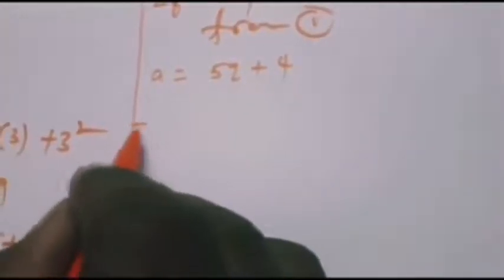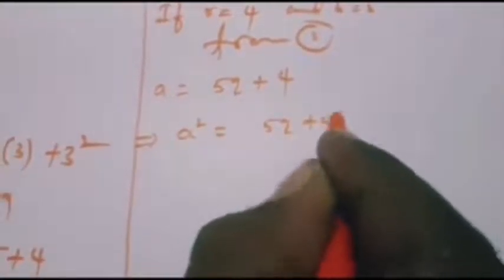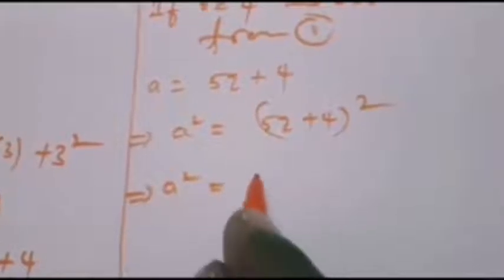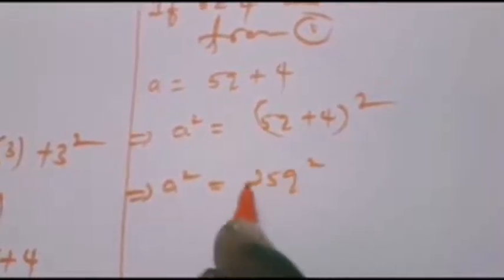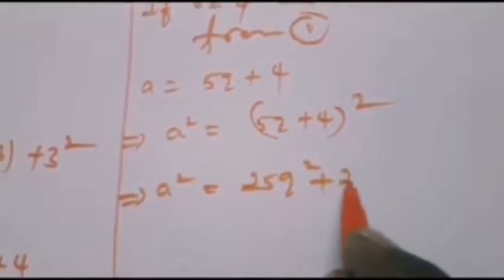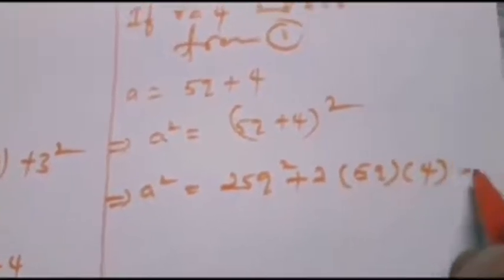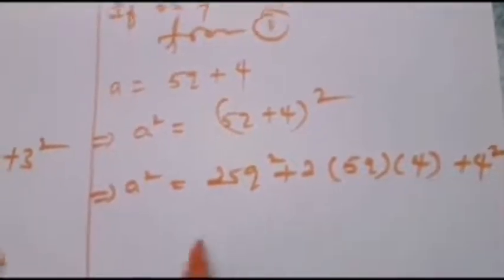Squaring on both sides, a square equals 5q plus 4 whole square. It implies a square equals 25q square plus 2 of 5q into 4, plus 4 square.